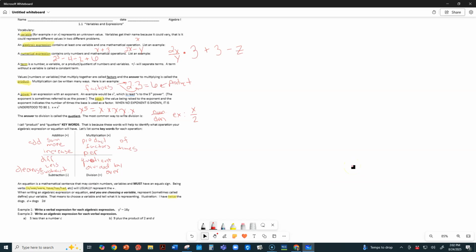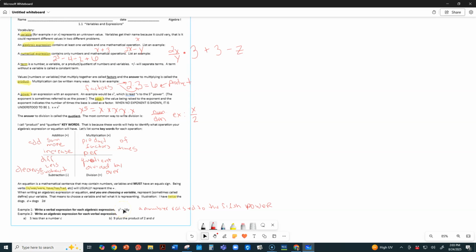Down here, they want us to write this out. I would say a number. You could put y, but usually when we see a variable, we refer to it as a missing number. So we're going to write a number raised to the power of 5, or raised to the 5th power. Remember, we want words right here. And what are we going to do? We're going to subtract.